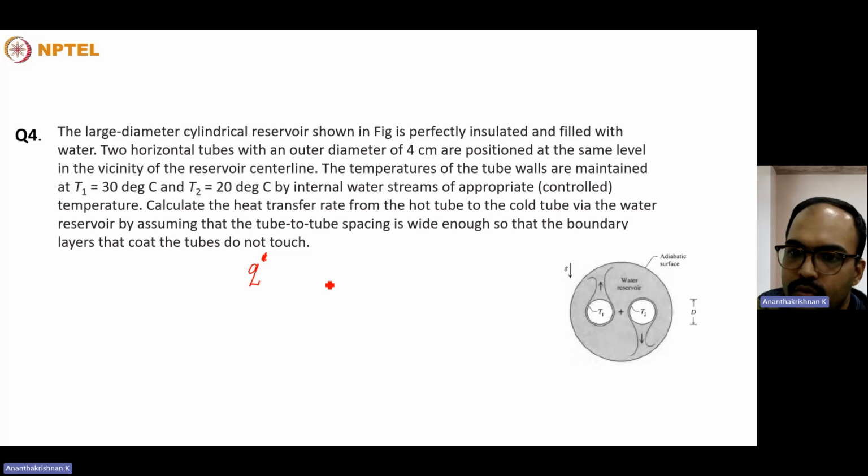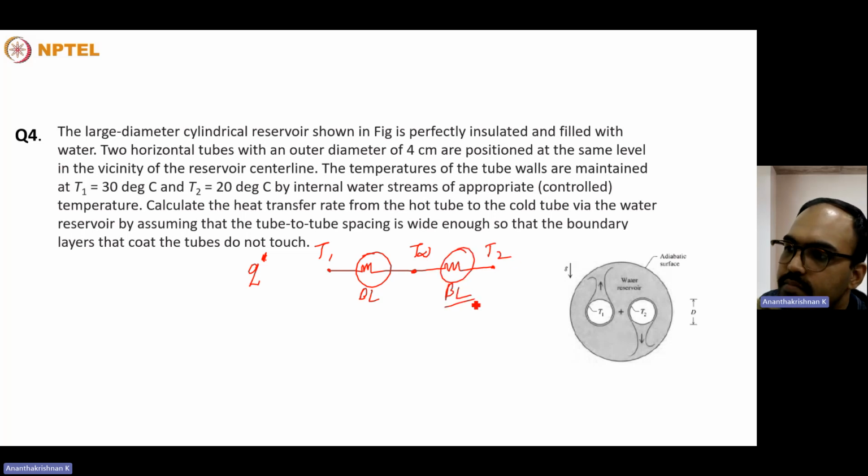So using a resistance-based approach, from the outer surface at T1, there is a boundary layer resistance that goes to the fluid at T infinity. And from there, a similar resistance goes from the fluid to the second tube's outer surface as well. The boundary layer resistance can be represented in terms of the heat transfer coefficient.